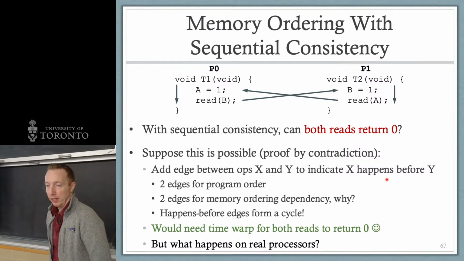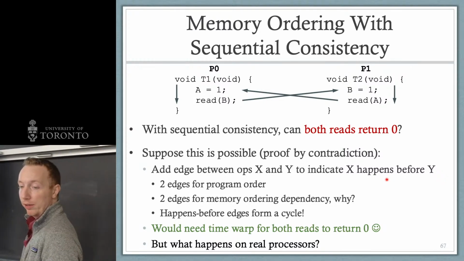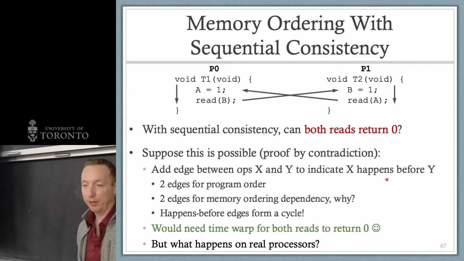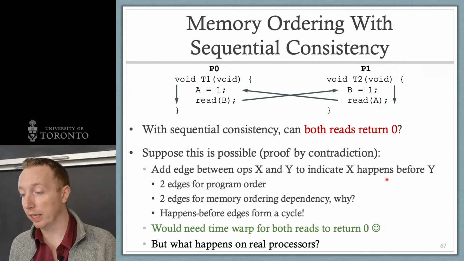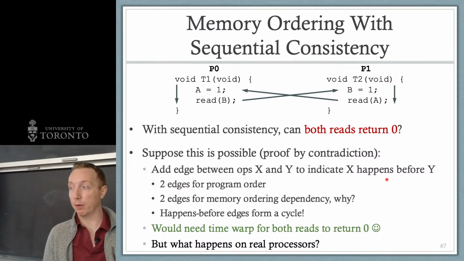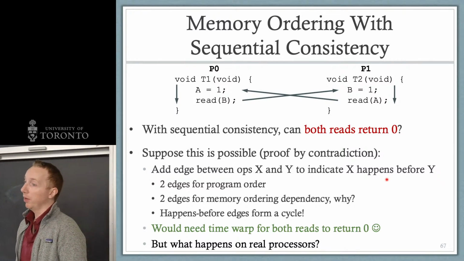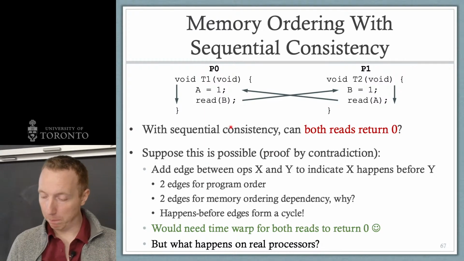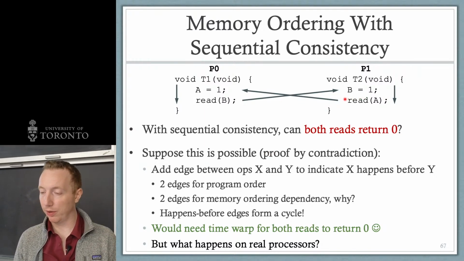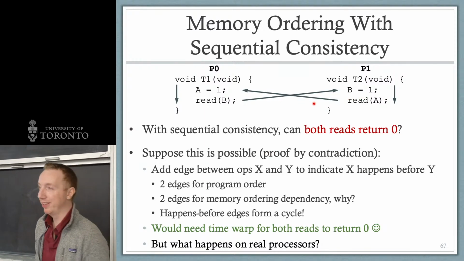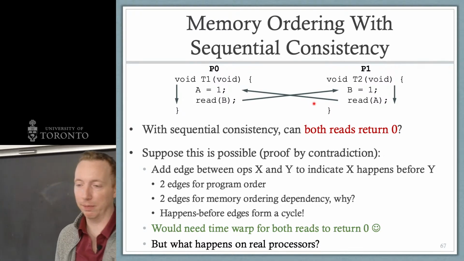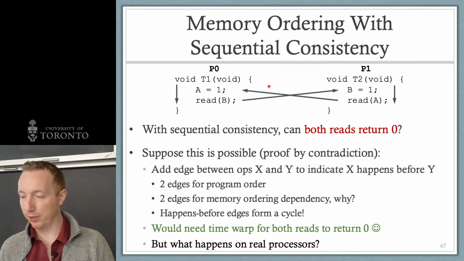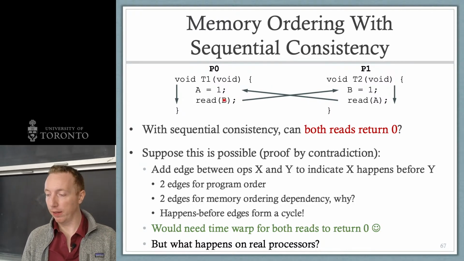So if you have sequential consistency, and initially A and B are both 0, is there any case where both of these reads return 0? If we want to prove that this doesn't happen, we can do a proof by contradiction.